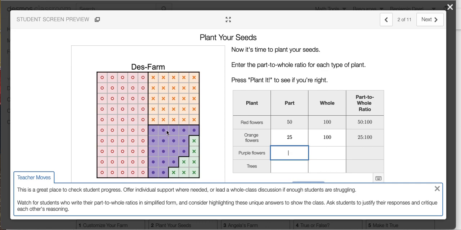And for the purple, I have 5 plus 4 plus 4 plus 3 plus 2. Well, 2 plus 3 is 5, plus 5 is 10, 14, 18 out of 100. And 1, 2, 3, 4, 5, 6, 7 out of 100 for the final row.